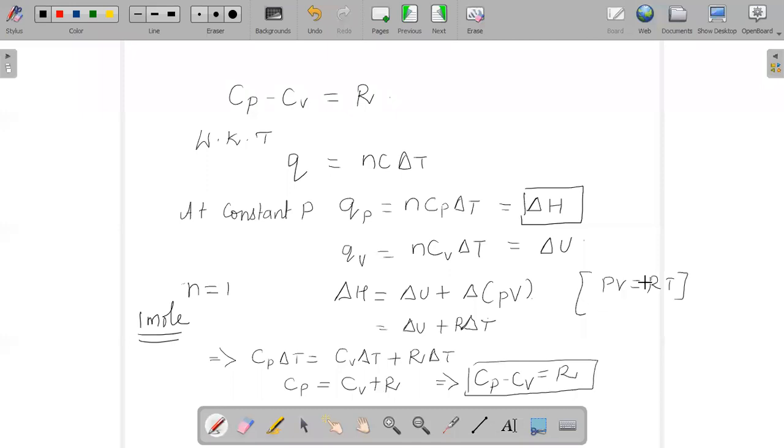Hence n is equal to 1, and we get PV is equal to RT. We can substitute that in the equation, delta T is common so we can cancel, and you will get Cp is equal to Cv plus R, or Cp minus Cv is equal to R.